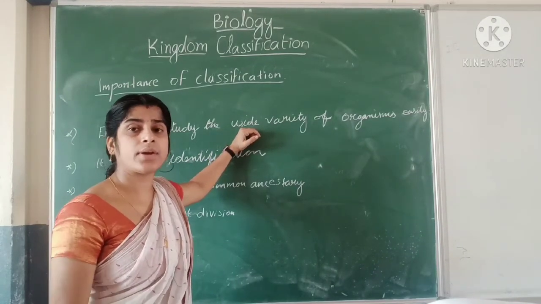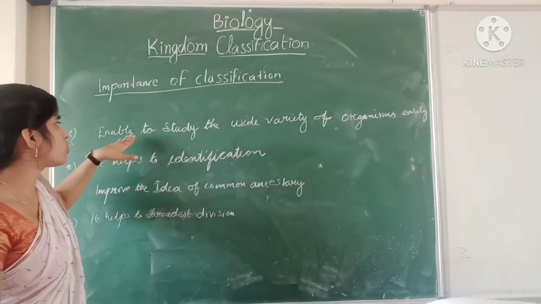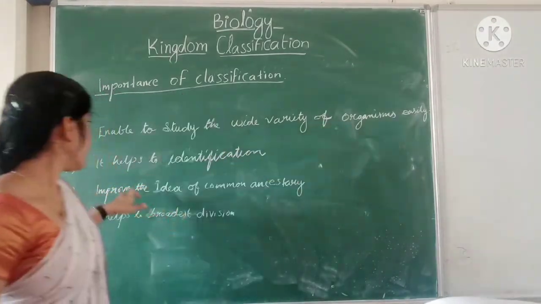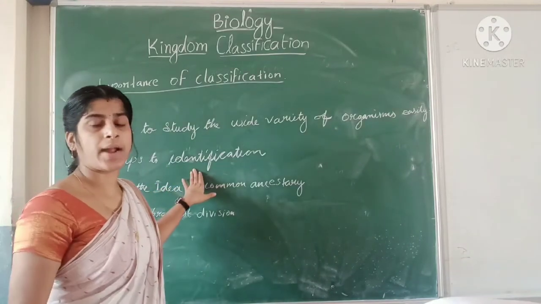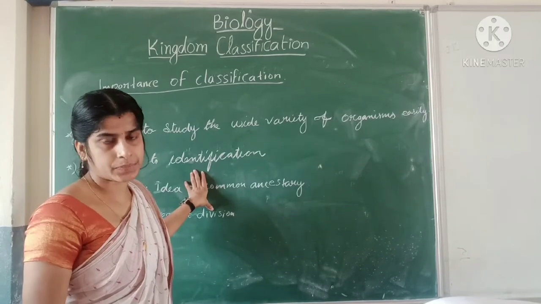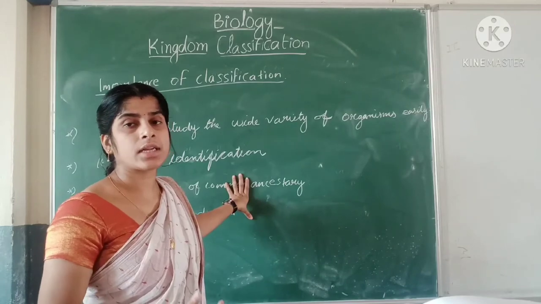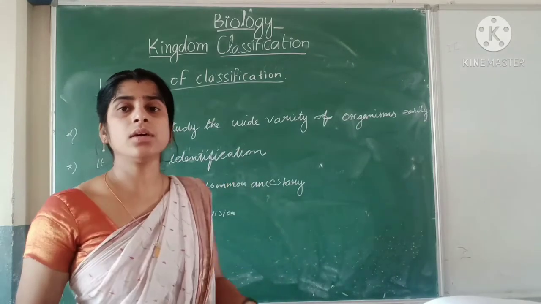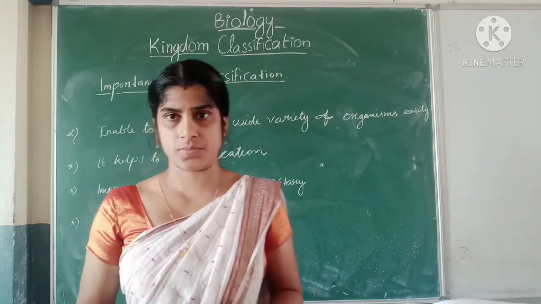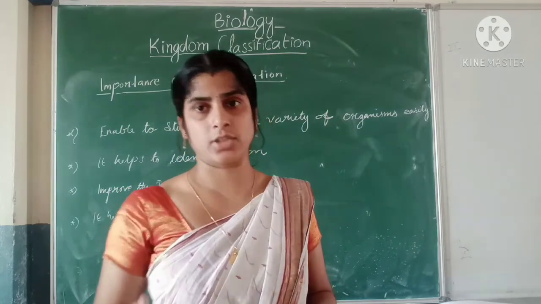So classification helps to study the wide variety of organisms and it helps in identification. In plant breeding, we take desirable, high yield plants to be crossed with another desirable plant so as to improve the yield and the quality of a plant.